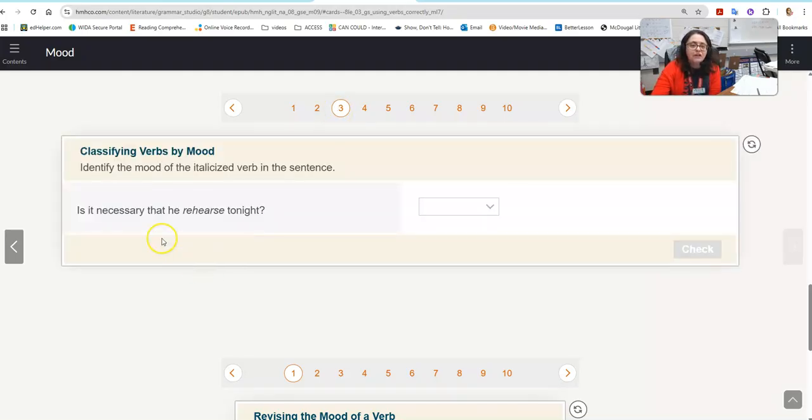Come on now, there you go. Is it necessary that he rehearse tonight? Ooh, I see this "that," but there's a question mark. Okay, if you were thinking it was subjunctive, you would be correct.